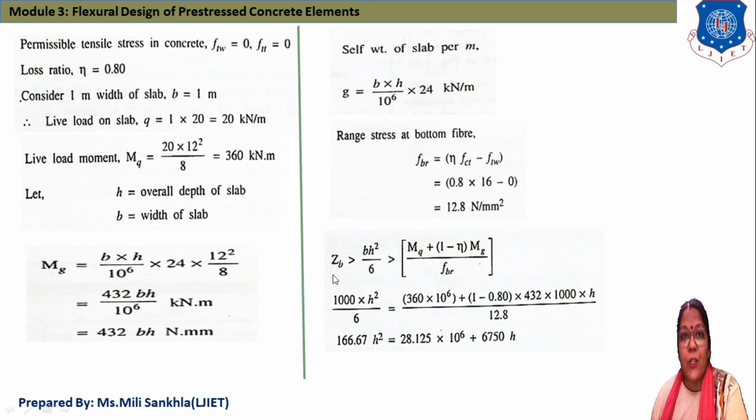Now relation is ZB greater or equal to BH square by 6 greater than or equal to MQ plus 1 minus eta Mg by FBR. Okay, that is our bottom fiber stresses. Now here we equate, because if we want to find out the values we can't take greater than, we compare the value with equal to.